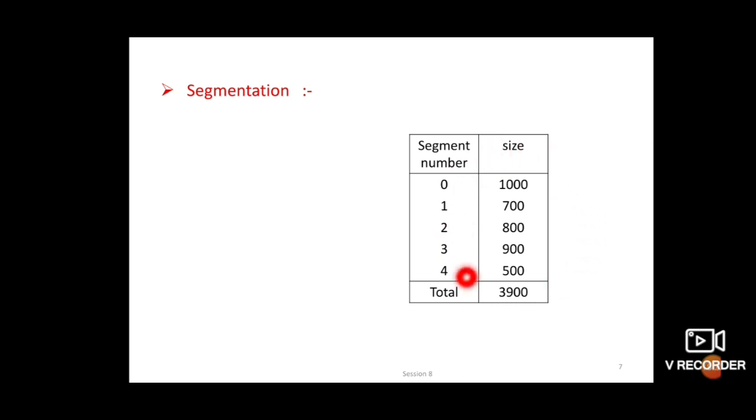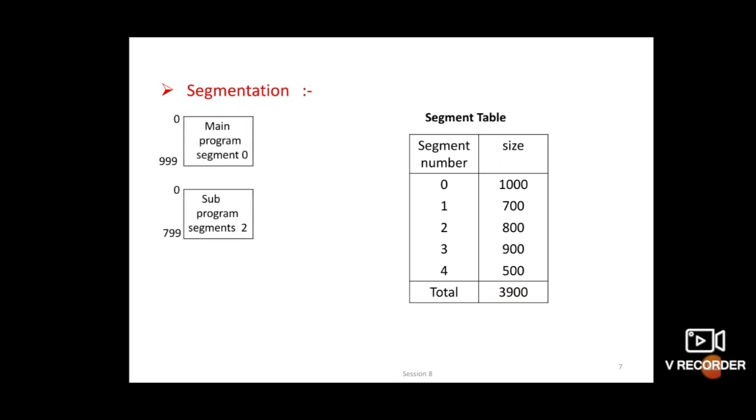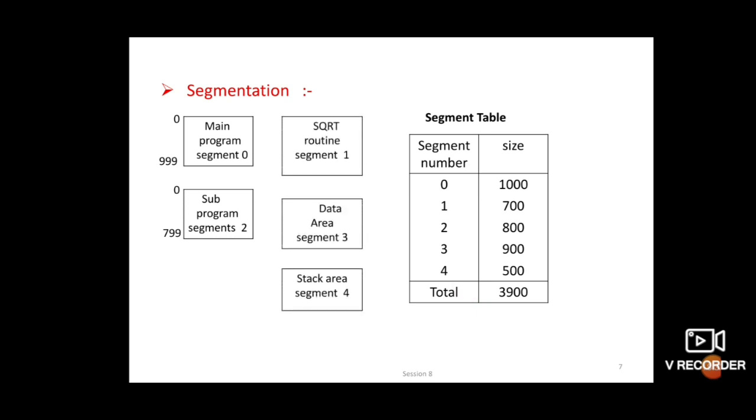Suppose in our program, one part is the main program. This is called the segment table. In the main program there is also a subprogram, and sub-functions are included, for example sqrt, the built-in function also used in the main program.